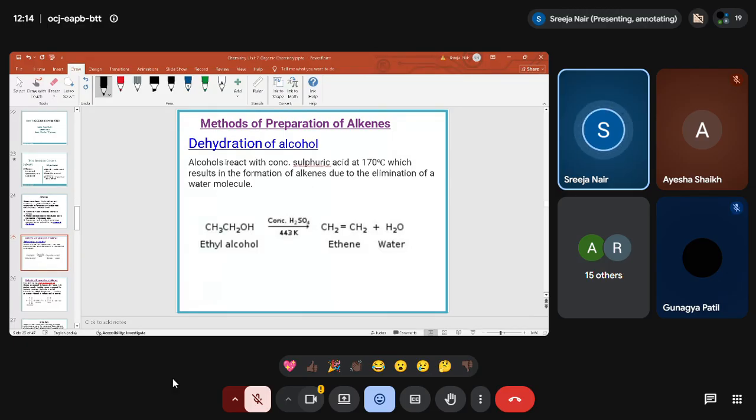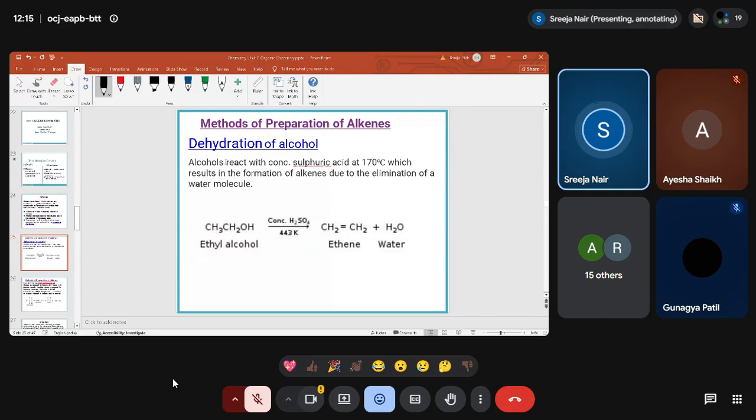Here, two dehydrating agents are mentioned. The first one is concentrated sulfuric acid at 170 degrees C, and the second dehydrating agent is Al2O3, that is alumina, at 350 degrees C. The temperature is very, very important. You have to write down the temperature also.